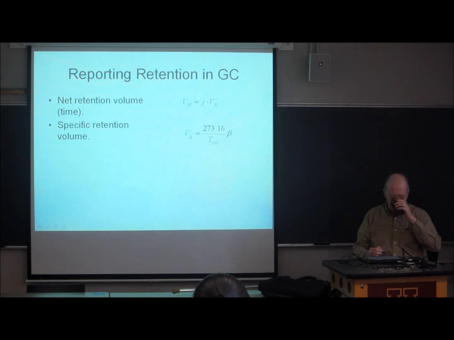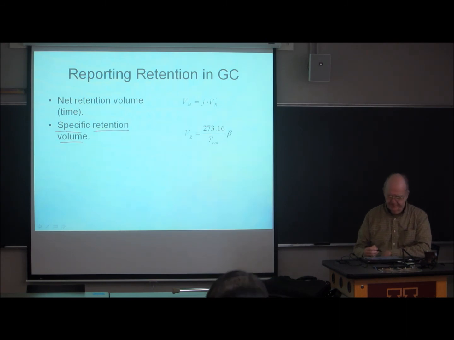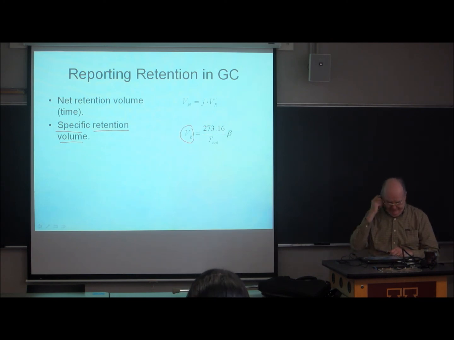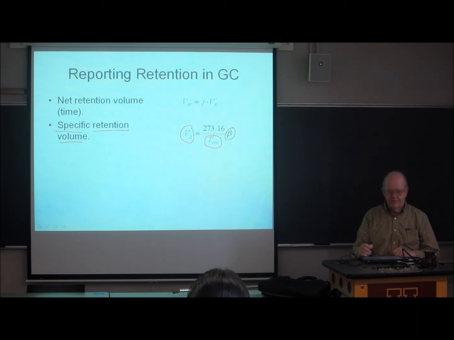Got one more. In the GC literature, they like to report something called the specific retention volume. That's V sub G. And that's the partition coefficient beta times 273.16, which of course is the conversion from centigrade to Kelvin, divided by the temperature of the column in Kelvin.